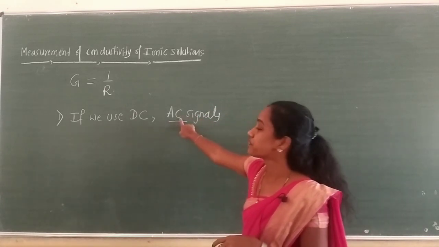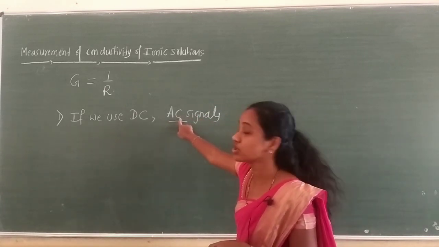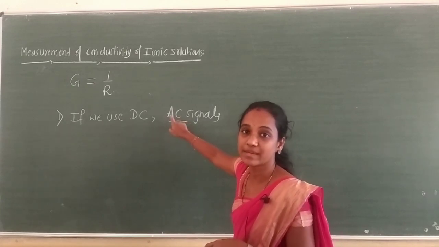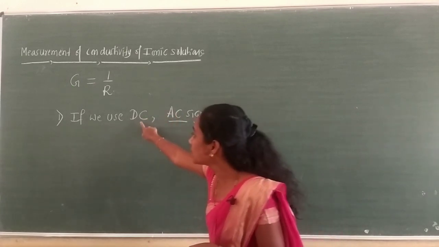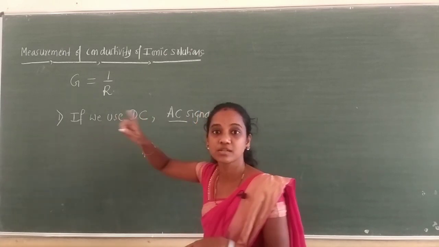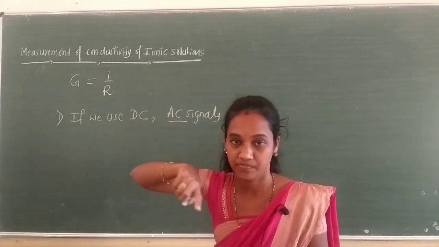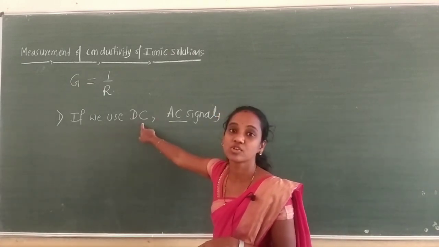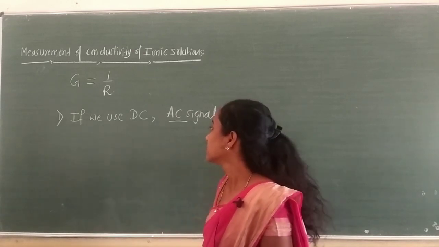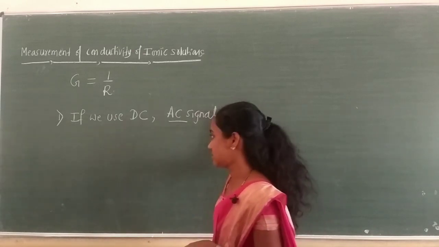As a result, the chemical composition of the solution remains as such. If we use a direct current, the direction of current is only one way, which means the composition of the solution may be changed. That is the first thing.